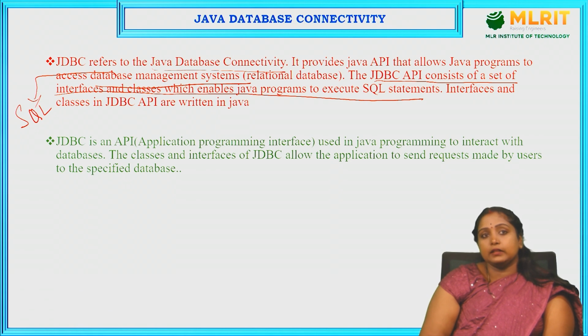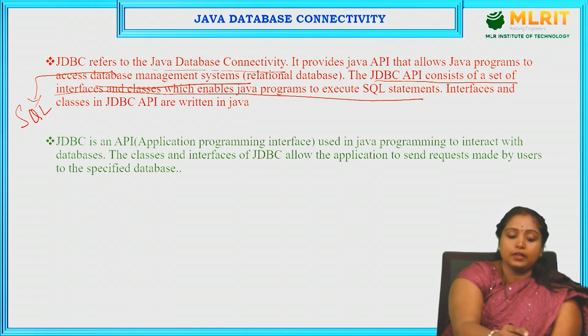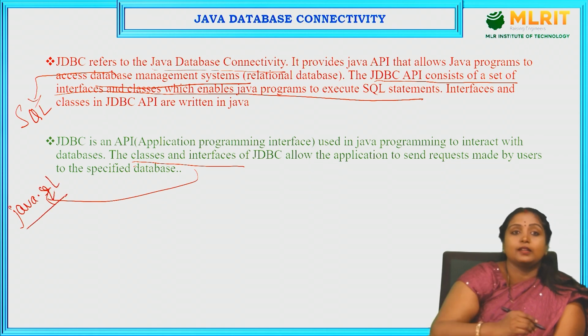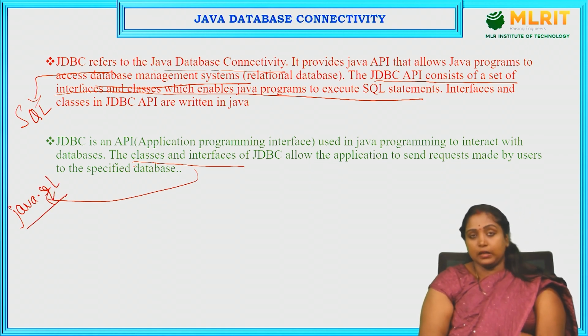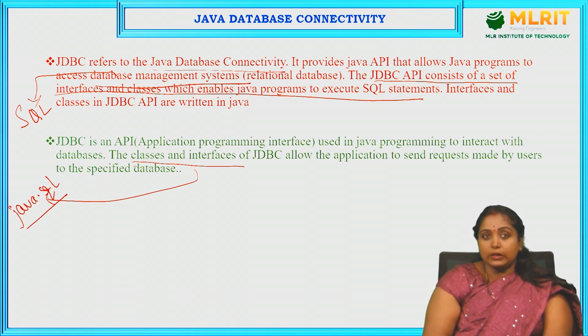And here JDBC is an application program interface which is used to interact with databases, and there are some built-in classes which are present in the java.sql package, used for this particular connectivity and to interact with databases.